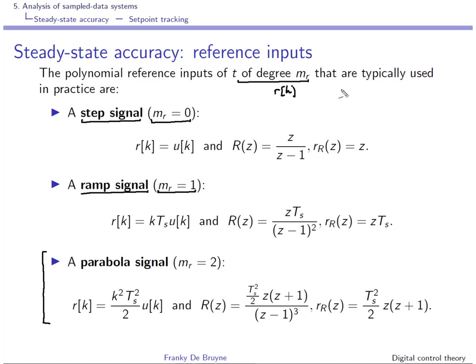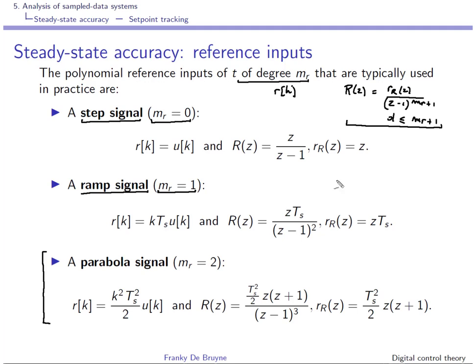So we consider R(z) equal to a polynomial R(z) divided by (z minus 1) to the power m_R plus 1, and this polynomial is of degree d smaller or equal to m_R plus 1.